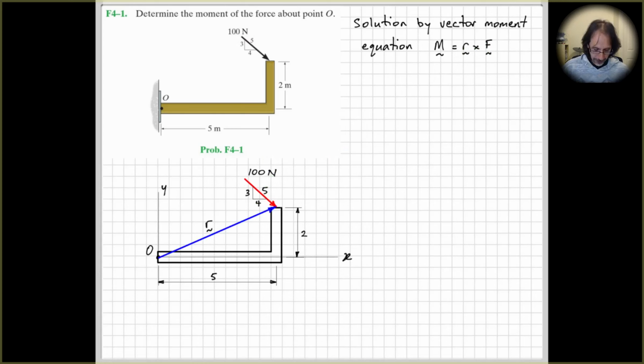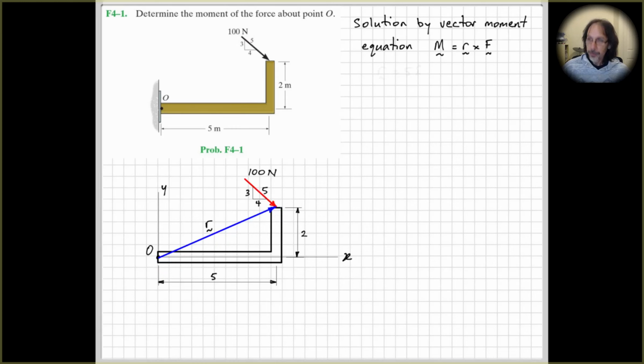If we define our position vector r from down here, point O, to the point where you can define r as anywhere along the line of action of the force. You could put it here, you could put it up to here, it doesn't really matter, but we know these dimensions here, so it would make sense to define our position vector as going from point O to the point here where we're showing the force being applied.